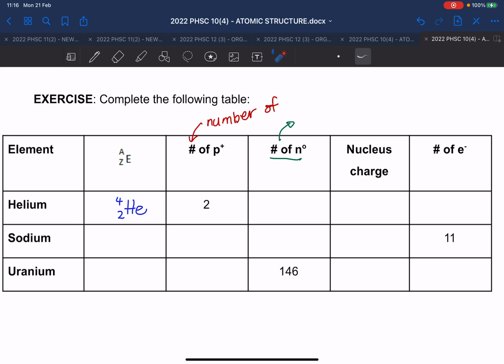Okay, so the number of neutrons, how do we determine it or calculate it? It is the mass minus the number of protons.